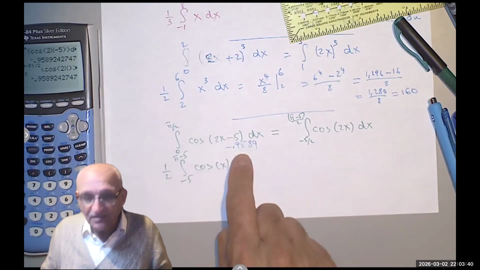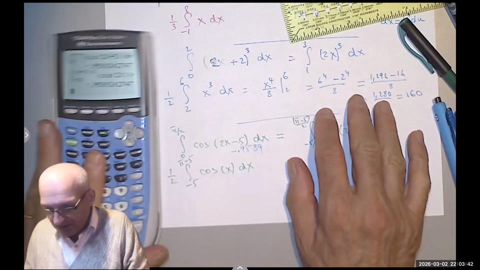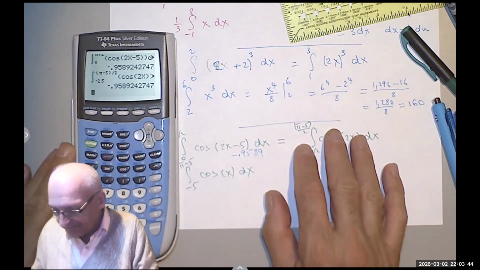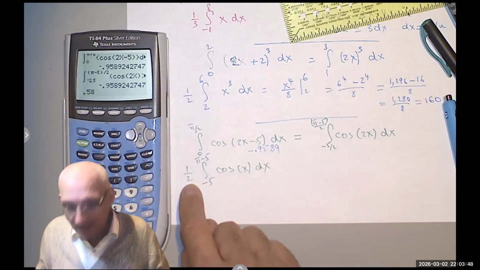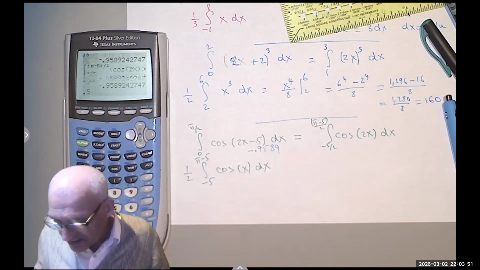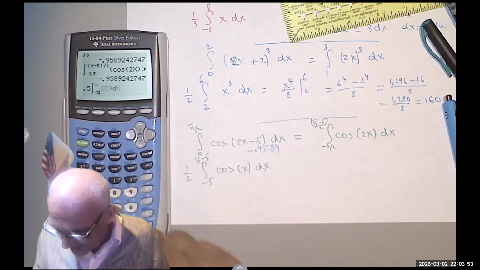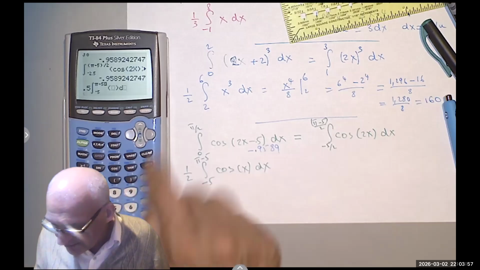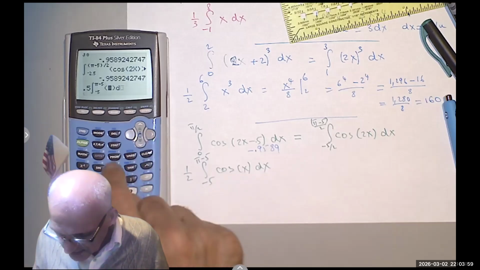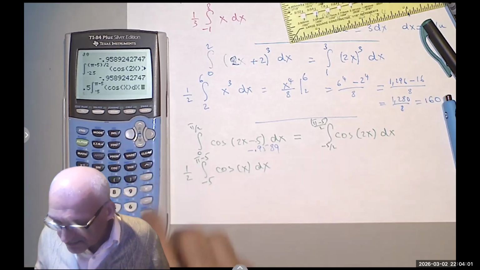Negative 0.9589. Oh, I should have moved it here. I'm sorry. Let's try the last one. 0.5, the 1/2, times the integral from negative 5 to pi minus 5 of cos x dx.